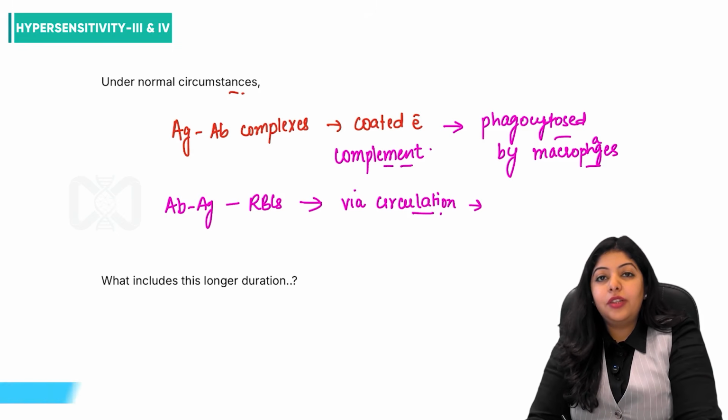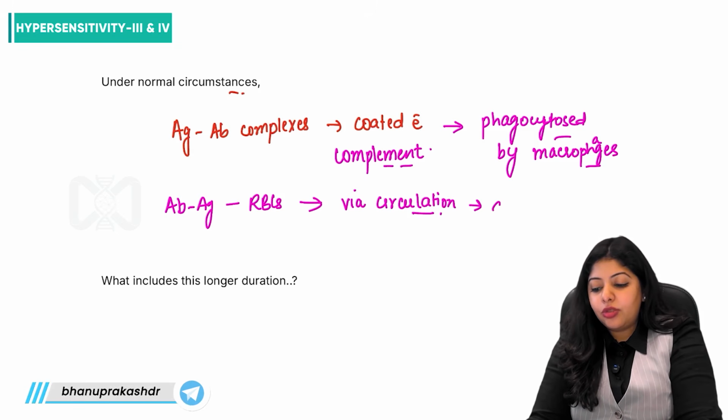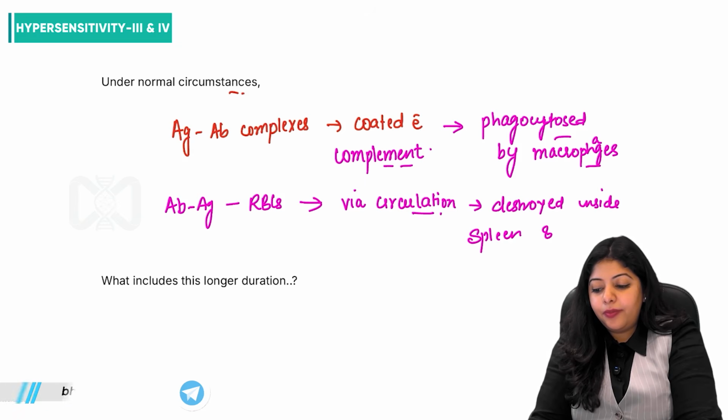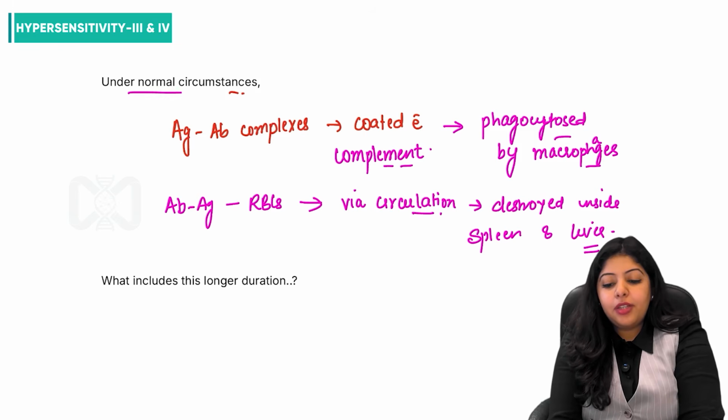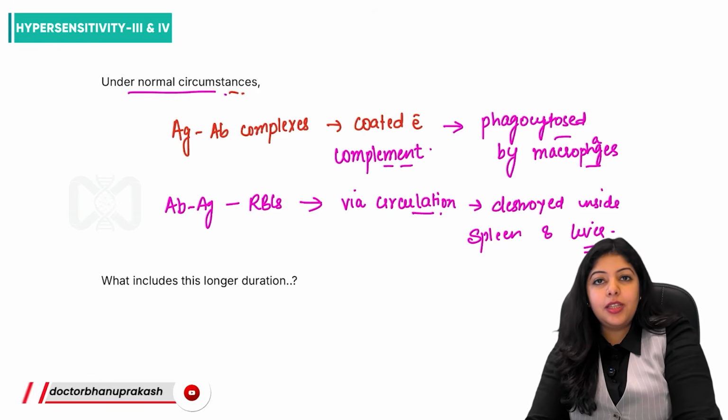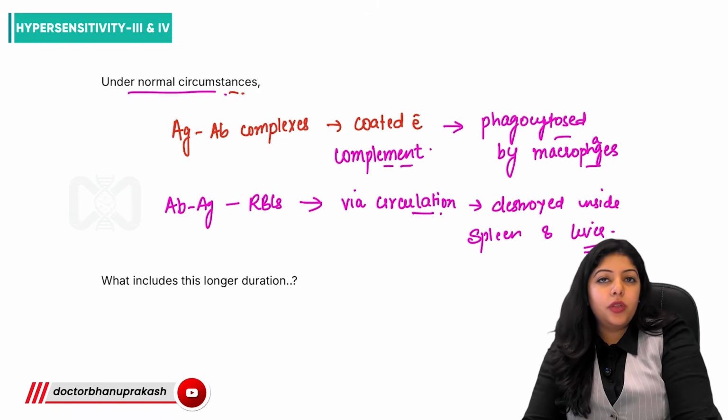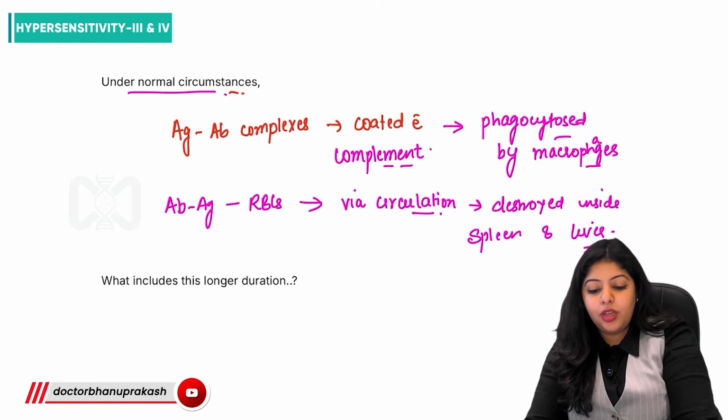So via circulation, they are getting destroyed inside spleen and liver. This happens under normal circumstances. These complexes do not always lead to tissue destruction, right?